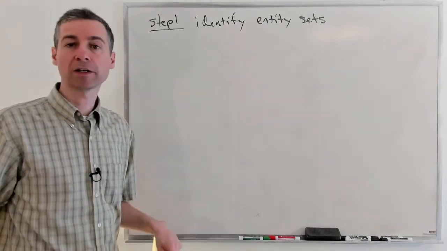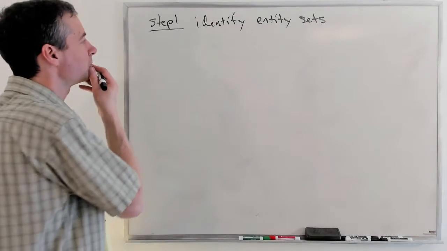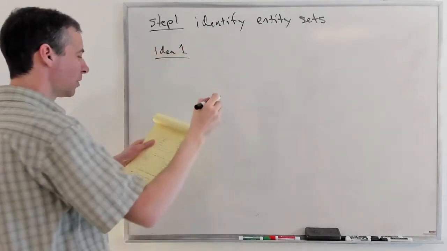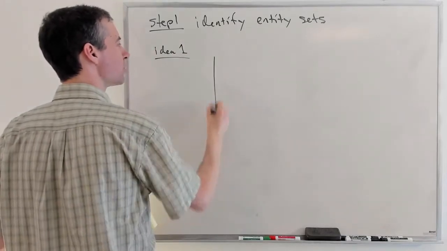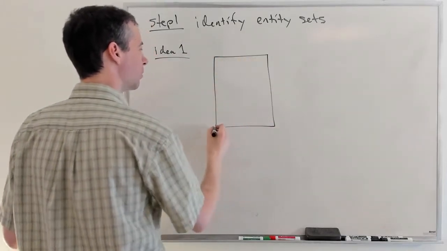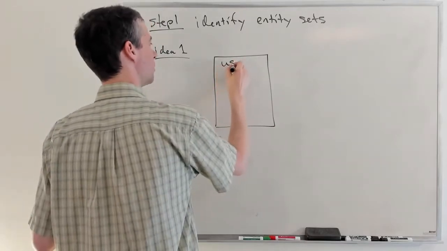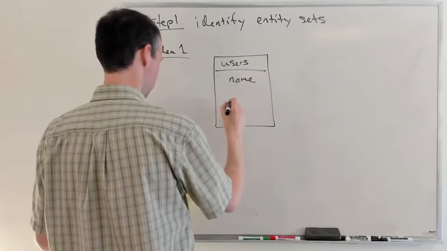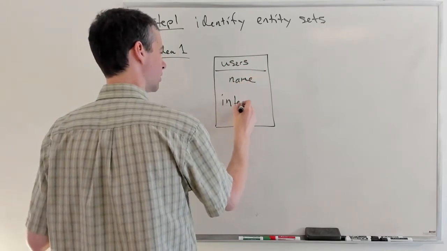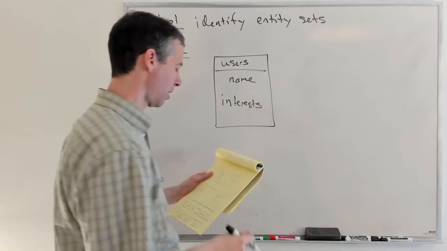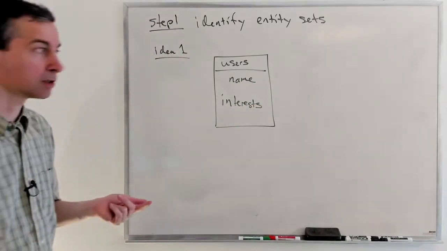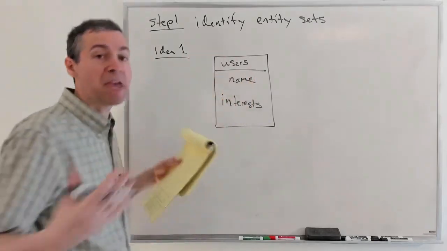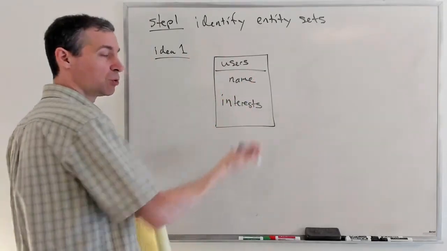So you might go initially thinking, so this might be idea number one. You might say, yeah, I know I have users as an entity. So why don't I try something like this? I'm going to say users, and then I'm going to write their name and their interest. I remember those things from the problem. And then I've got my main thing, I've got my attributes that describe it.